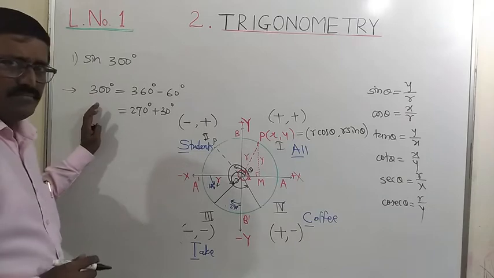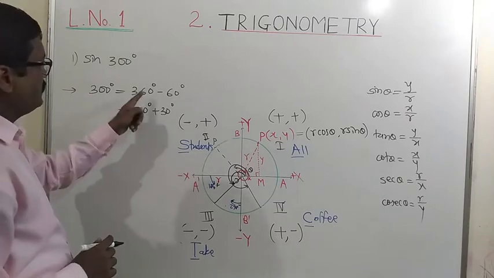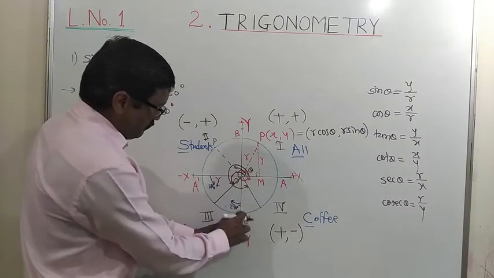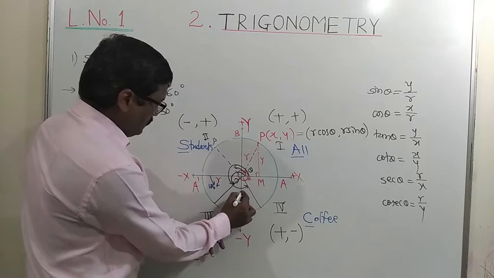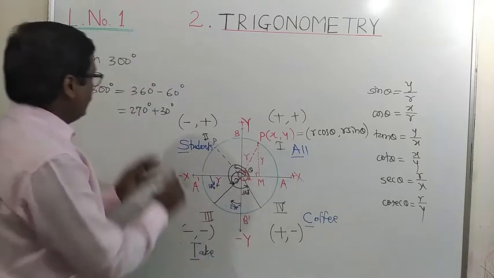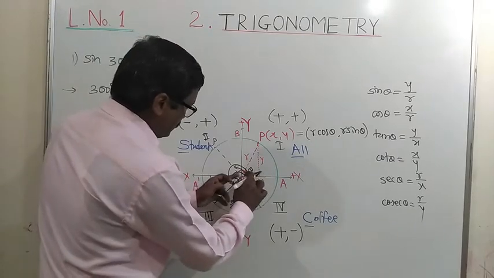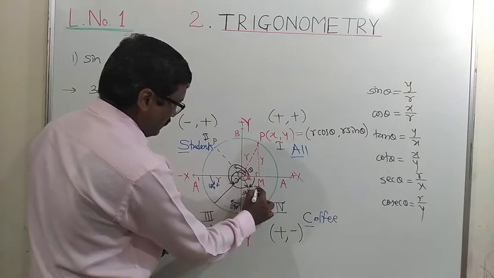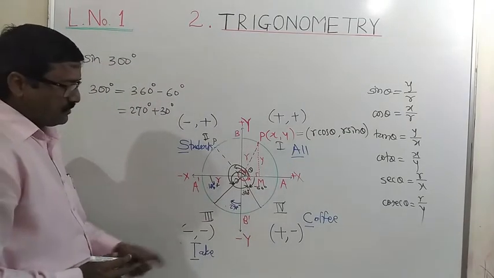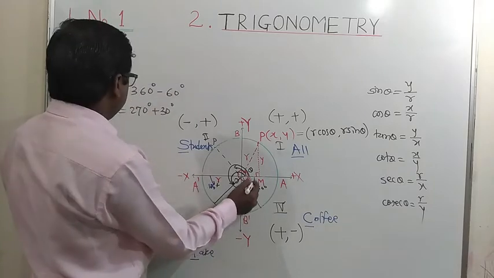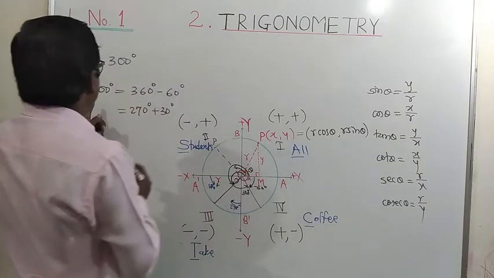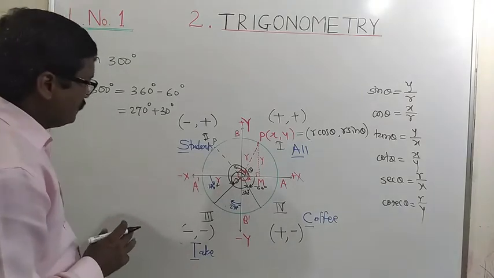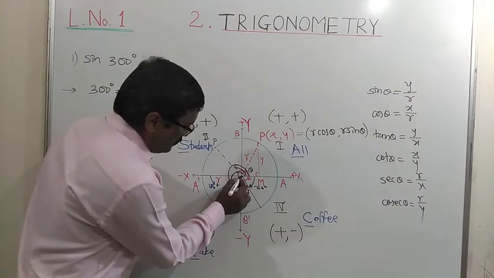Both are the same. 270 plus 30 means this will be 300 degrees. And 360 minus 60 means we are going in the backward direction, that is minus 60. Both angles give the same terminal arm like this.